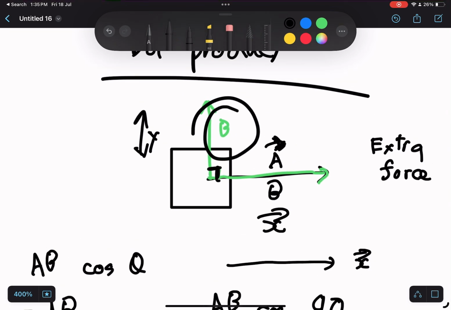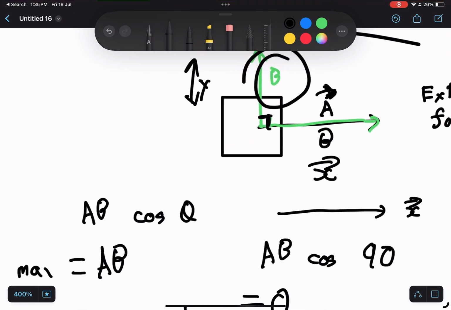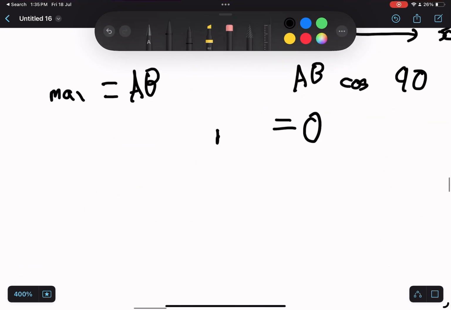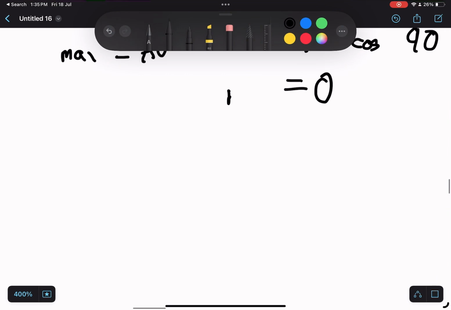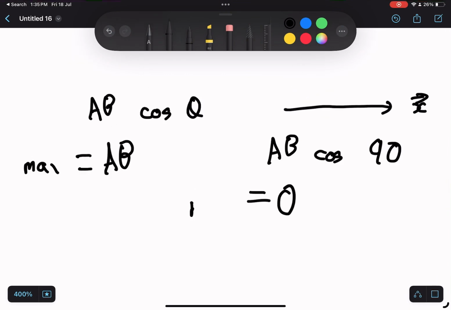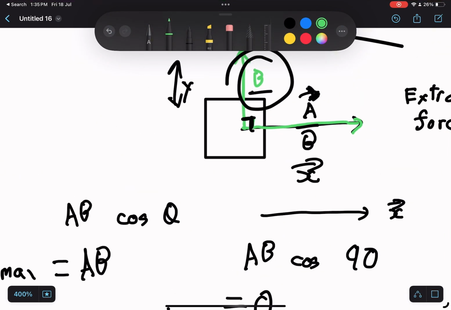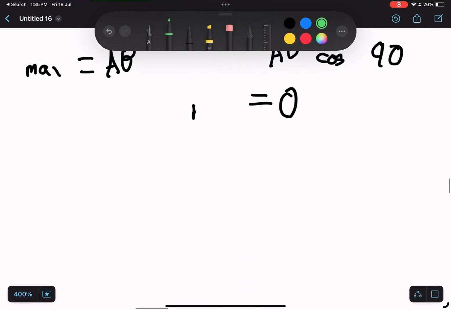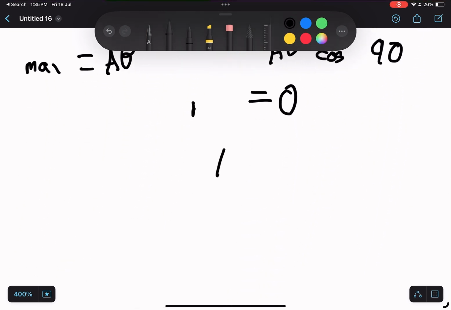But now, let's say we were to change it a bit and add a vector in the opposite direction of A. Okay, let's draw the vector, which is B, which is going the opposite direction. Then what would the value be?